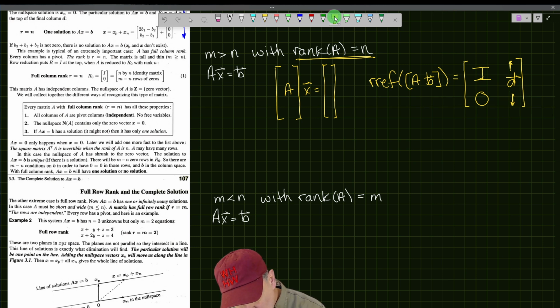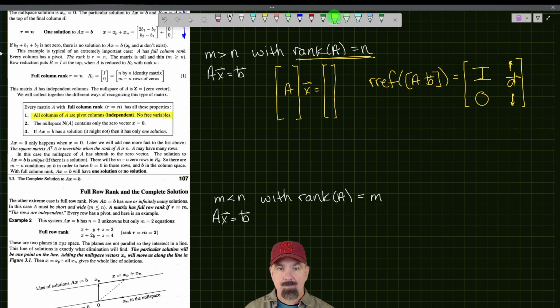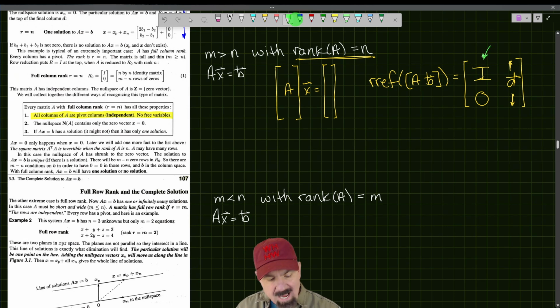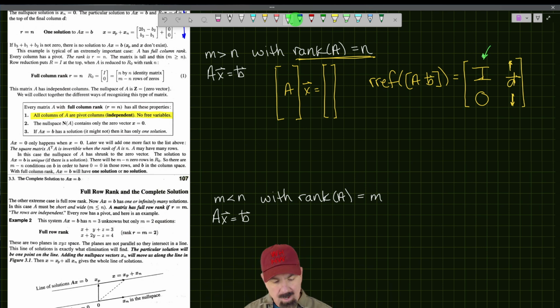So let's take a look at what he says. He says all the columns of A are pivot columns. There are no free variables. And we can see that right here. We have the identity matrix as the first n rows. So this break here is occurring, and we have an n by n identity matrix. There are no free variables.